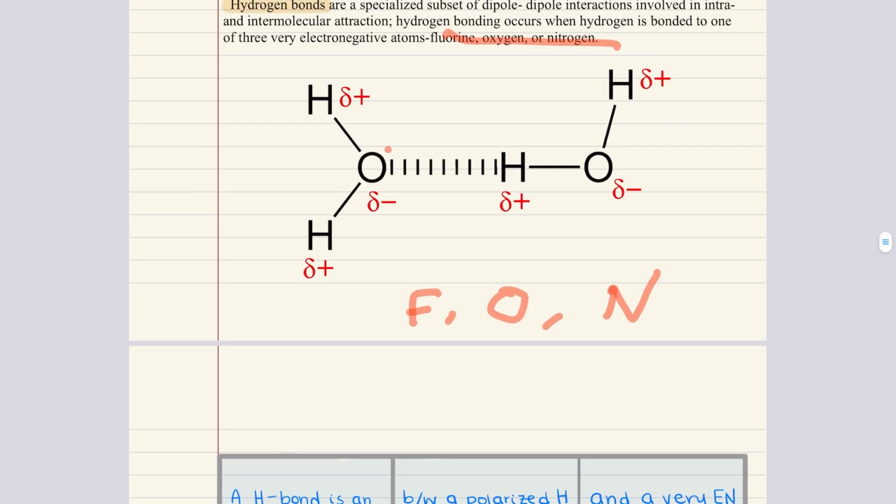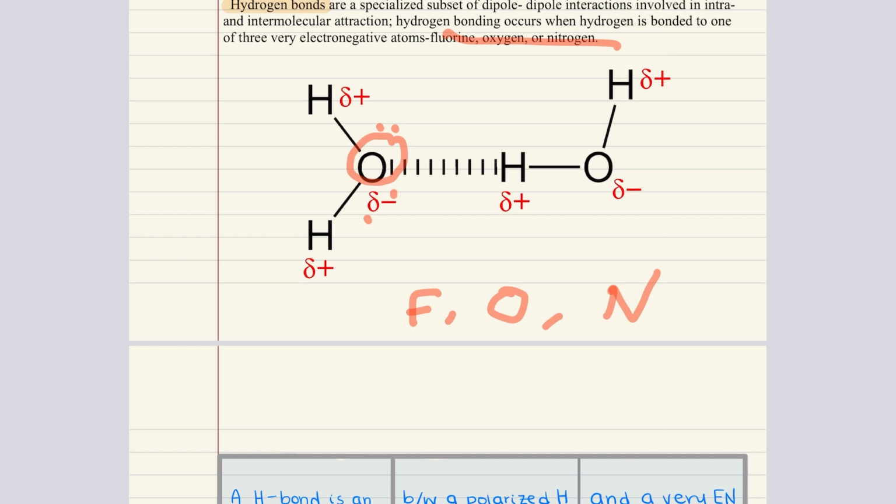Now, water is an excellent example of hydrogen bonding in action. Each oxygen atom has two lone pairs, and that allows a single water molecule to form hydrogen bonds with multiple others. And this extensive hydrogen bond network is responsible for water's high boiling point, surface tension, and ability to remain a liquid over a wide temperature range.